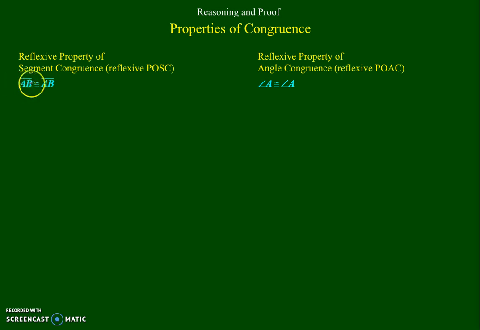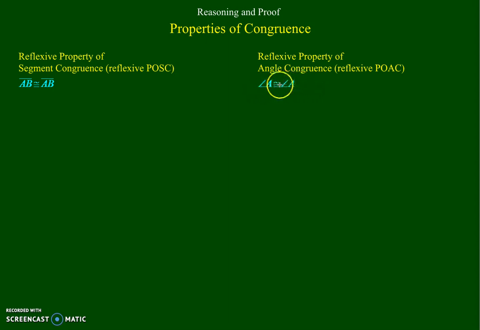This is the reflexive property of segment congruence, where we have two of the same segment on both sides of the congruent symbol. The same thing is true for the reflexive property of angle congruence. Here it's POSC, property of segment congruence, property of angle congruence. Angle A is congruent to angle A. Again, it's not going to be terribly obvious until we actually use it.